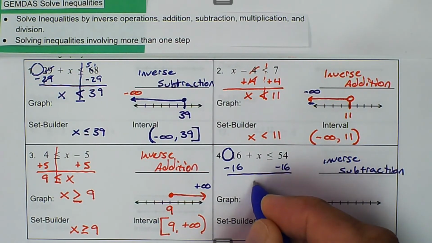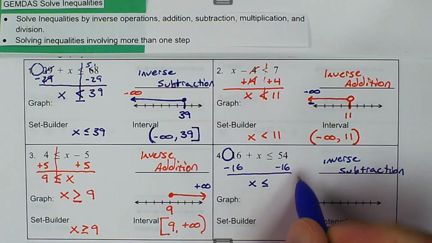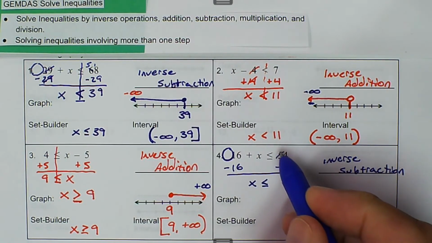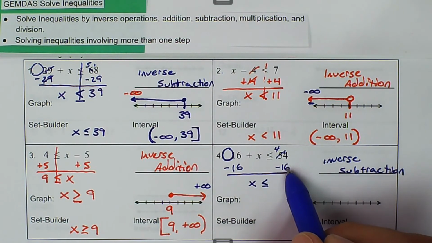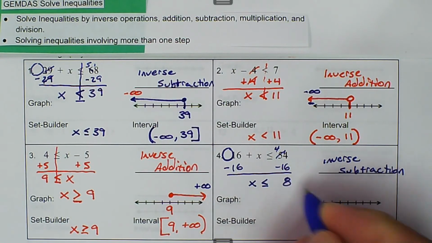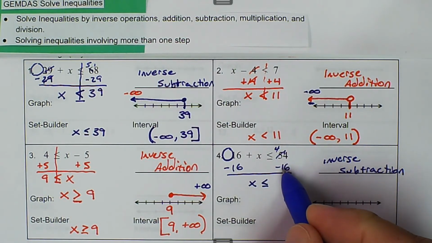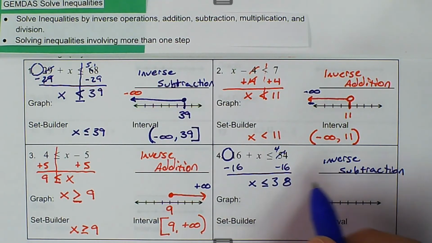And so we get x is less than or equal to, and then we have to take 54 minus 16. So we have to borrow 1 from the 5 there. So 14 minus 6 is 8. And 4 minus 1 is 3. So we have x is less than or equal to 38.